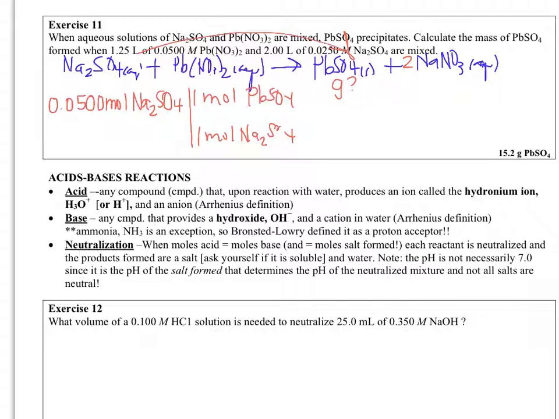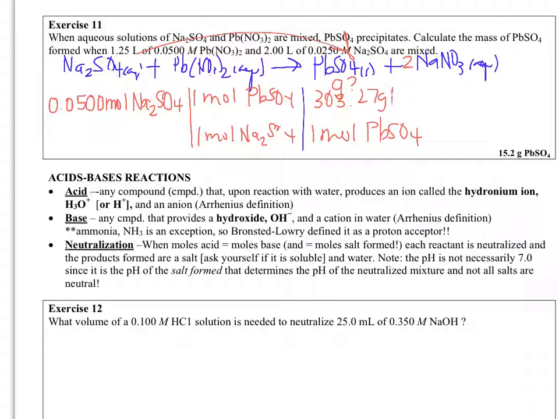And we need grams of lead sulfate, so we are going to use our molar mass of lead sulfate. 1 mole of lead sulfate has a molar mass of 303.27 grams.